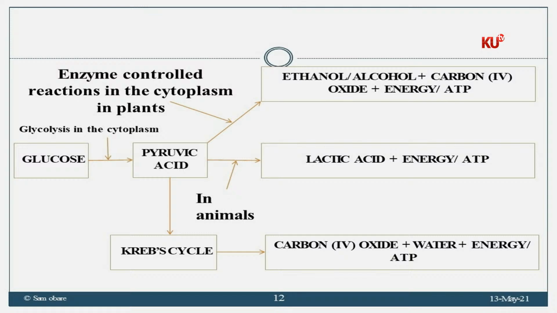Now, in the Krebs cycle, when oxygen is availed, as we can see from this chart, the pyruvic acid is completely broken down into energy, carbon dioxide, and water. When you get this chart in an examination, you are supposed to understand that when glucose is broken down into pyruvic acid, that is anaerobic respiration.